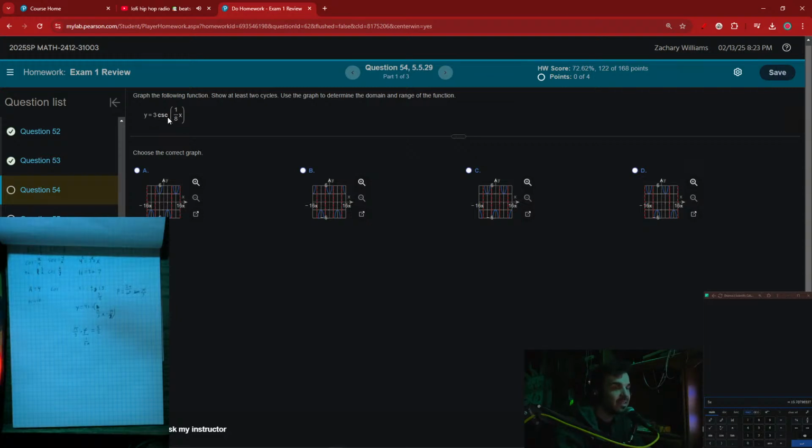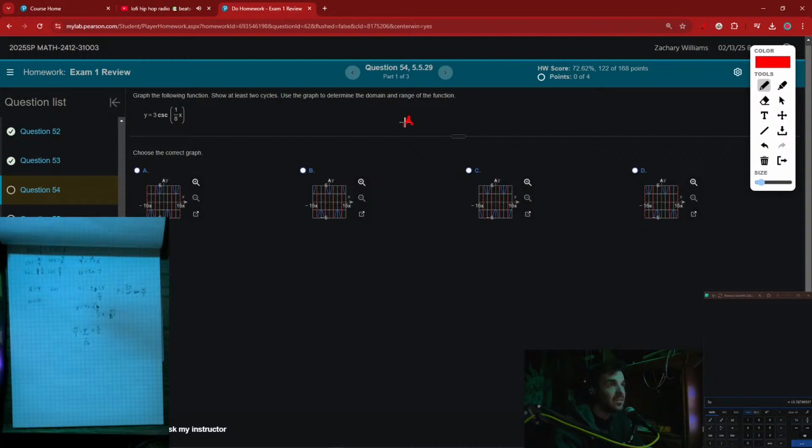Question number 54. 3 cosecant of y equals 3 times cosecant of 1 over 8x. So we got our amplitude, 3. Period is 2 pi over 1 times 8.